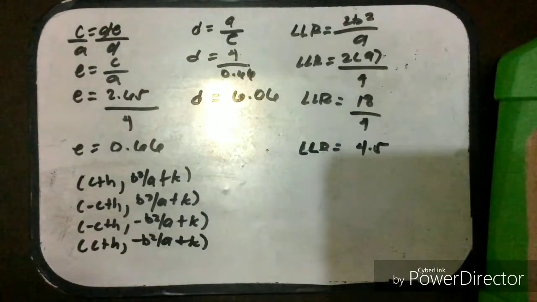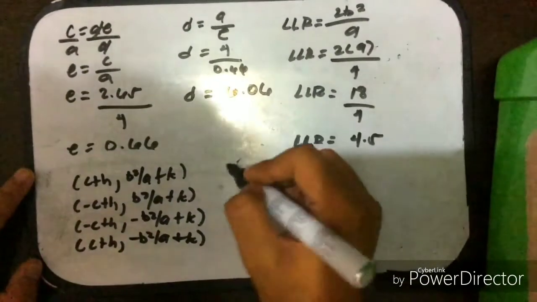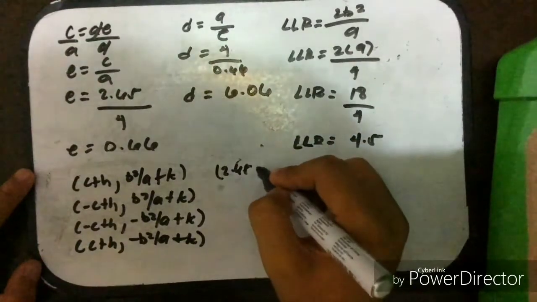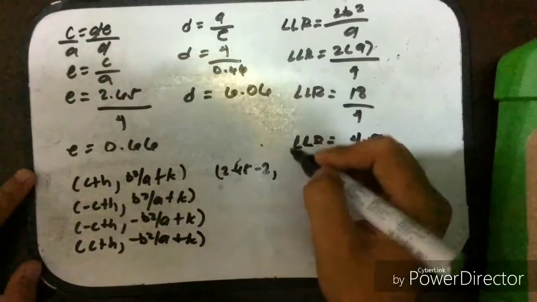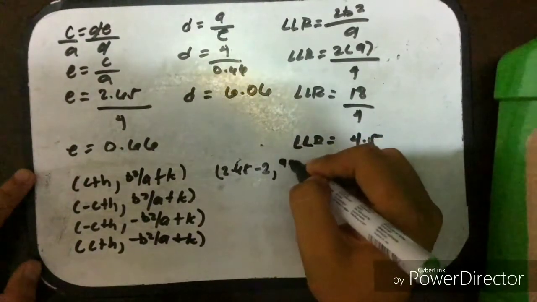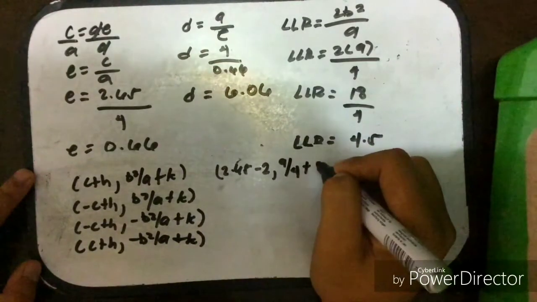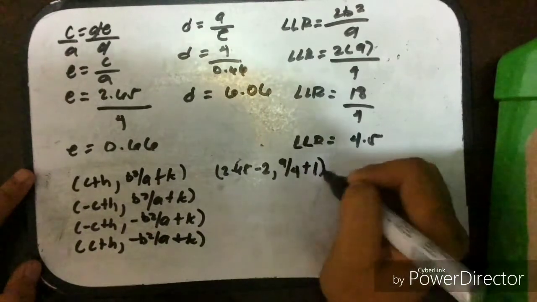So for your coordinate number 1, your c is 2.65 and your h is negative 2, then your b squared is 9 and your a is 4, plus your k is 1.